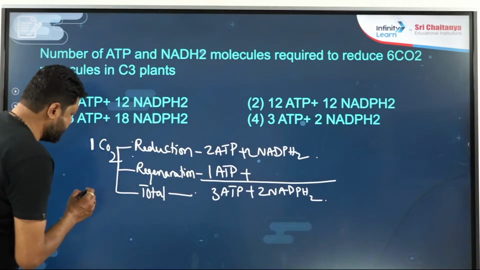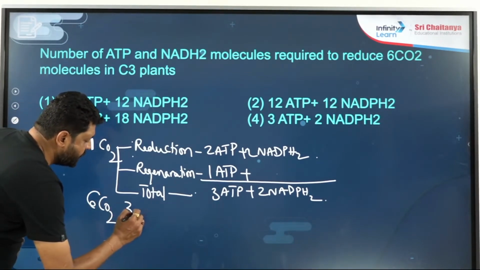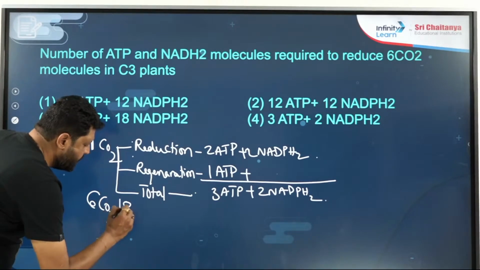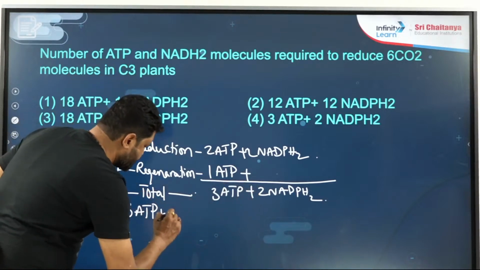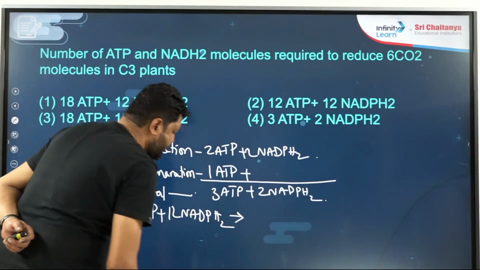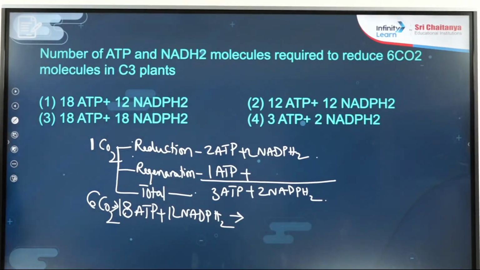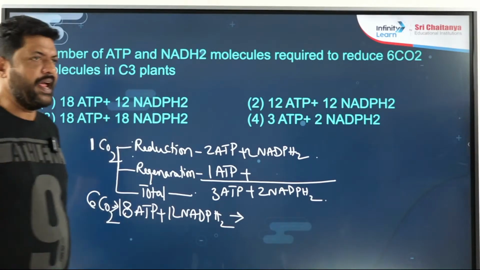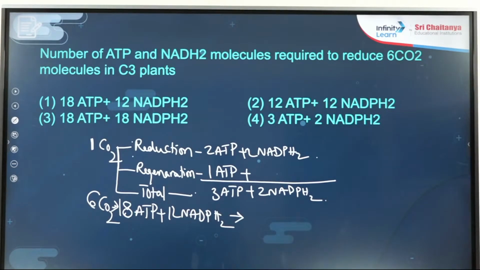So if I go for the same calculation, 6 CO2, 3 ATP into 6, that is 18 ATP, plus 6 into 2, 12 NADPH2 are required to reduce 6 CO2 molecules to 1 glucose. So in C3 plants, how many ATP and NADPH2 are required for the reduction of 6 CO2 molecules?